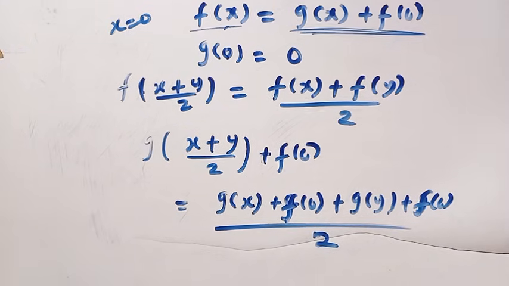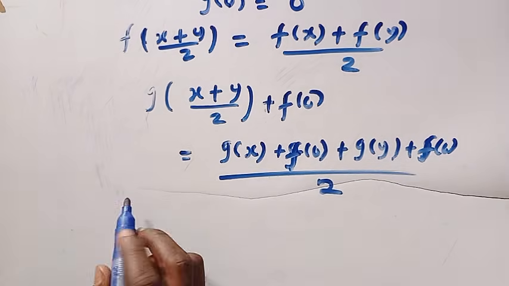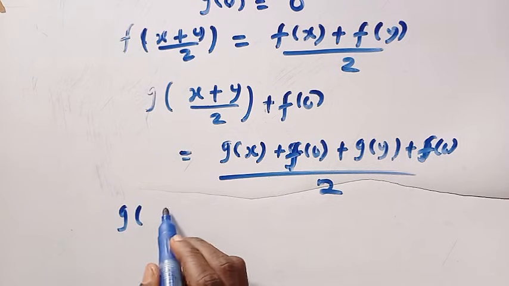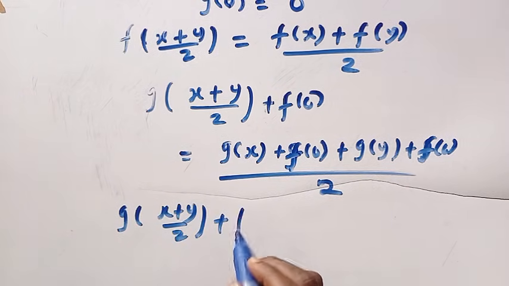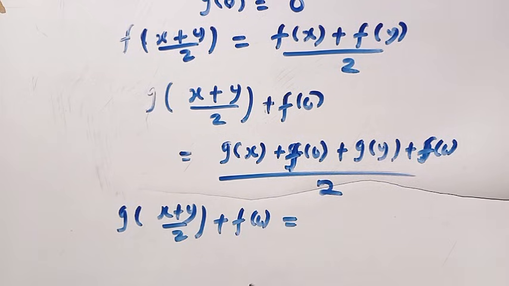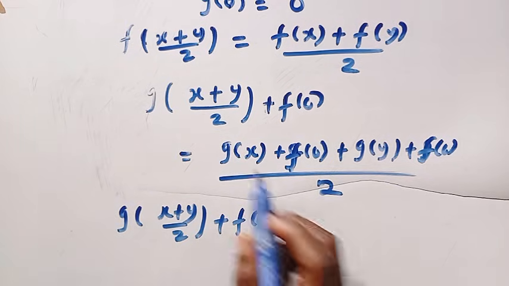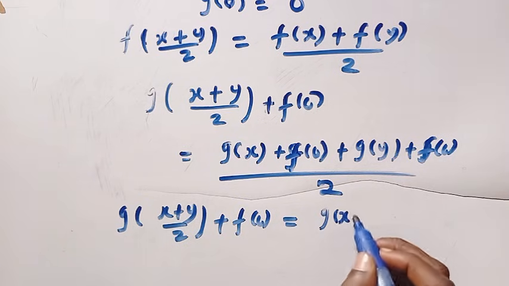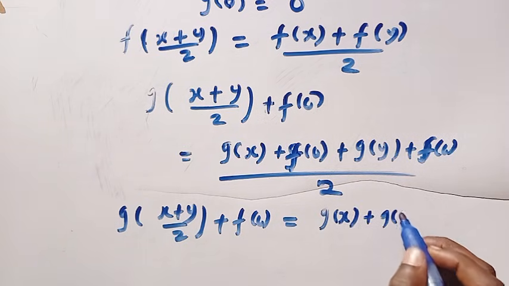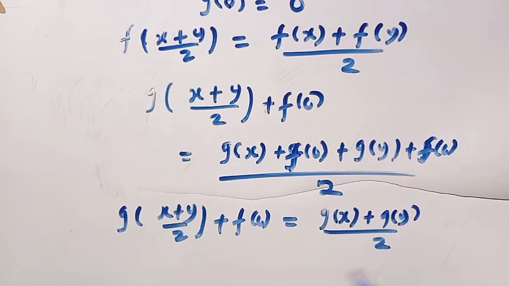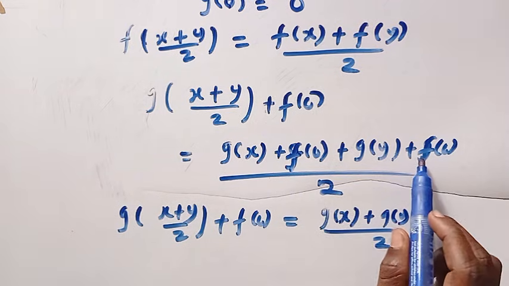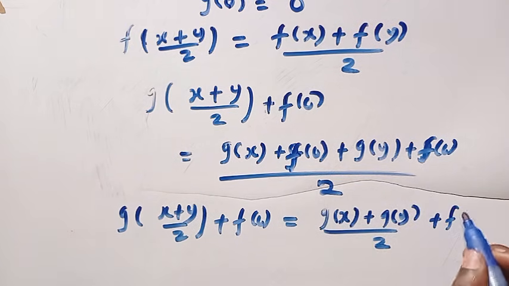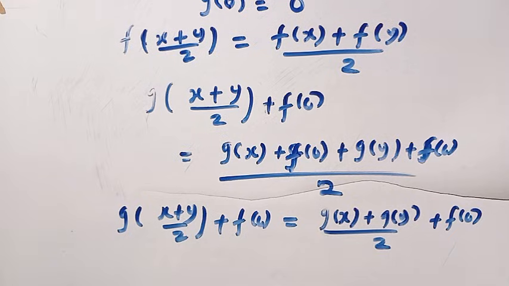Then I'm getting this: we have g of (x plus y) over 2 plus f of 0 equals, from what we have here, g of x plus g of y, if I divide this by 2, then plus f of 0 plus f of 0, that is 2 f of 0 divided by 2, we have it as f of 0.